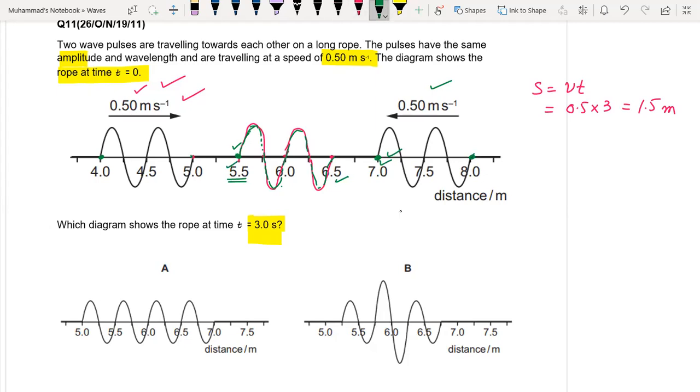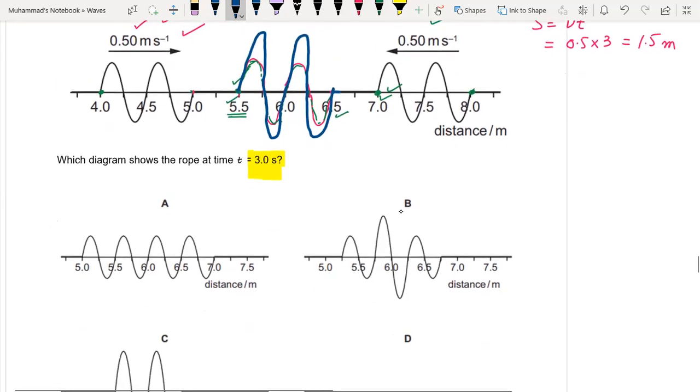Now, if I had to draw the resultant of these two waves, it will look like this, because they interfere constructively. The amplitudes will increase, and the resultant after 3 seconds will be this type of wave from 5.5 to 6.5.